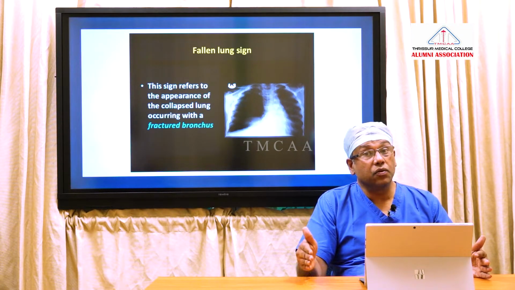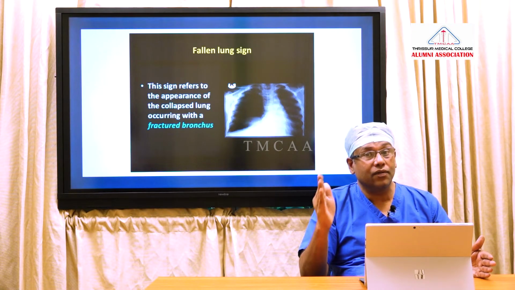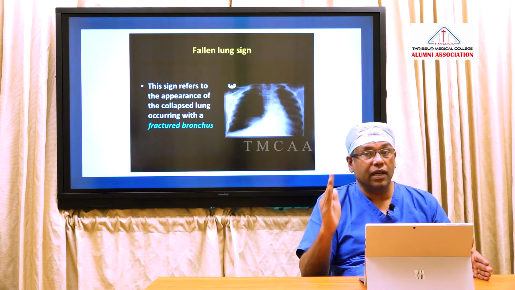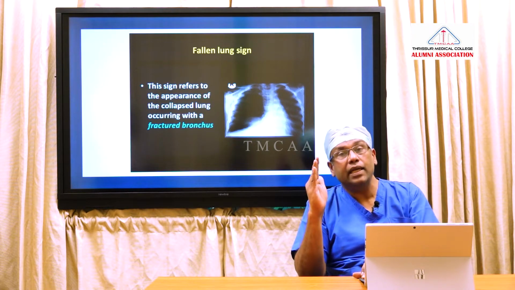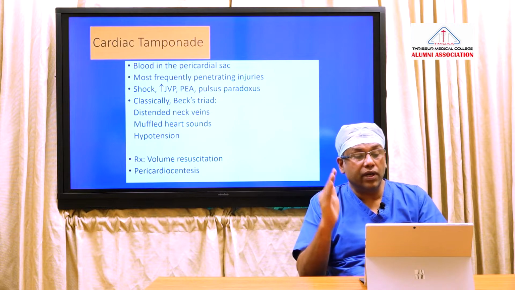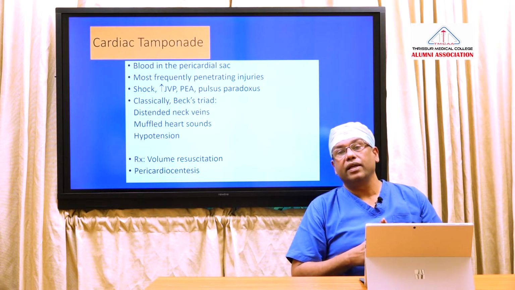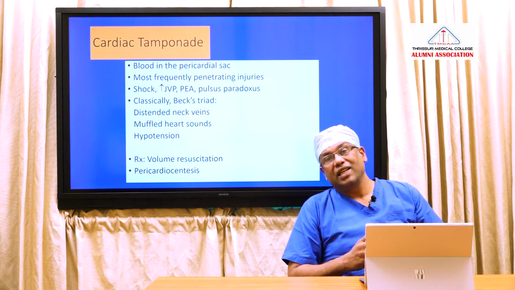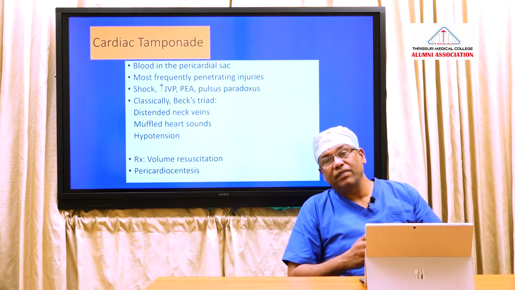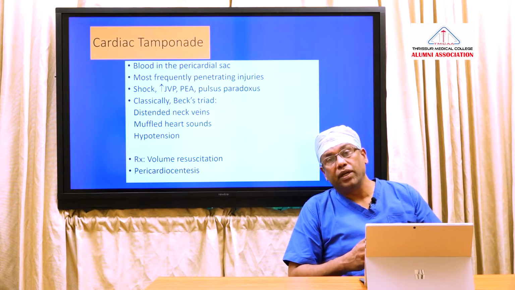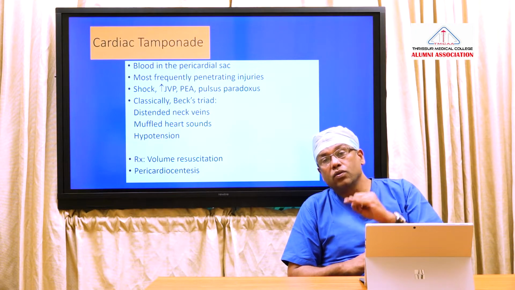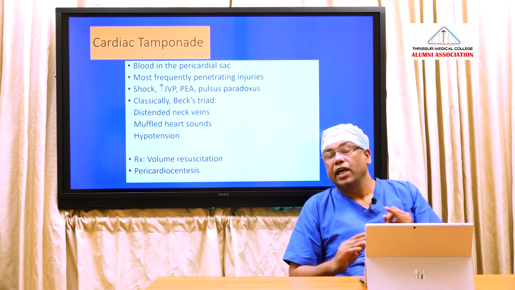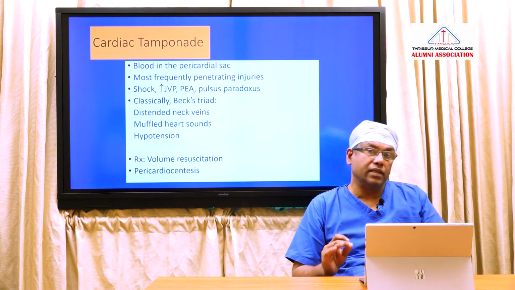And this is present in only 30% of cardiac tamponade. So you don't have to wait for Beck's triad to develop, because it is present only in 30%. 70% of patients with cardiac tamponade will present with elevated JVP and hypotension, and if it is unaccountable, you have to always suspect it.